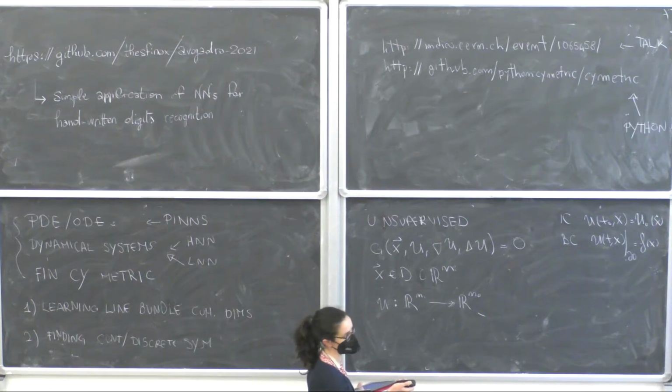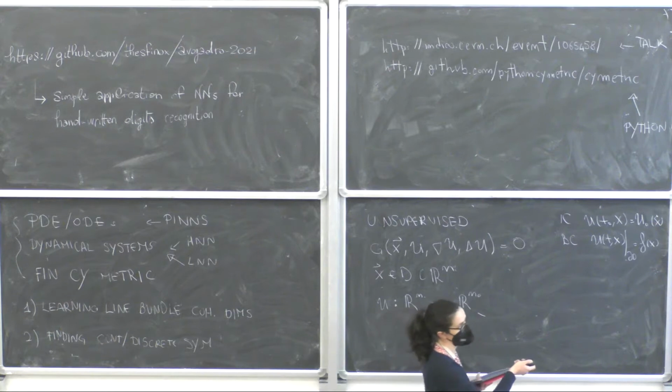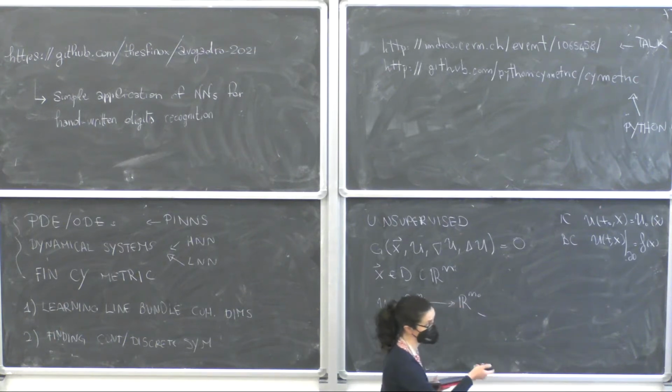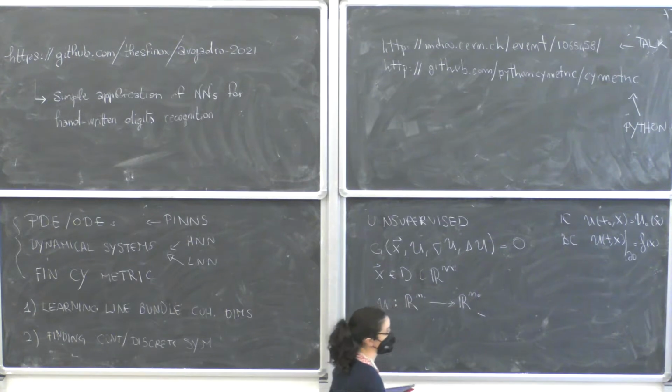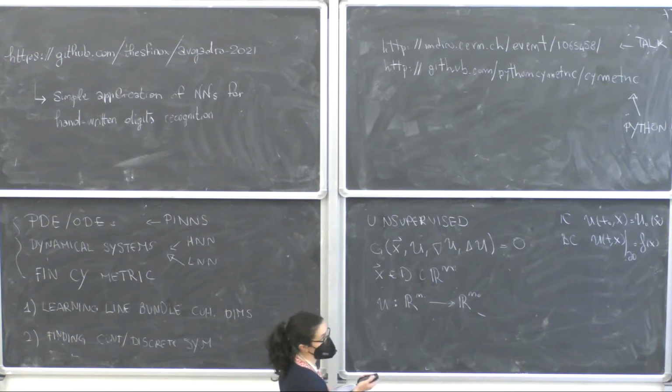It's defined from x equals 0 to x equals L, and we are keeping the boundaries fixed. This is going to be the domain over which we want to solve the differential equation. We need to sample points at the initial condition and at the boundaries, and of course in the bulk, so inside the domain.